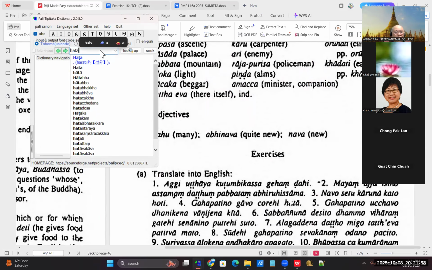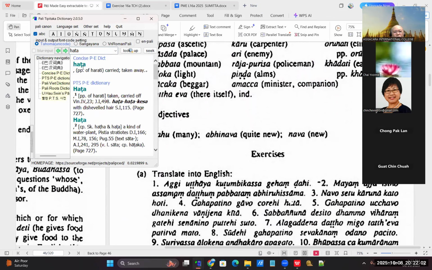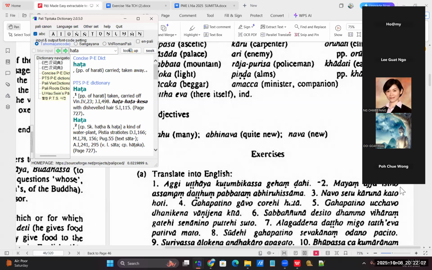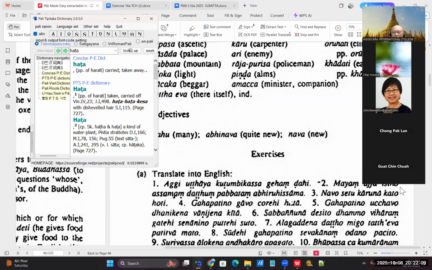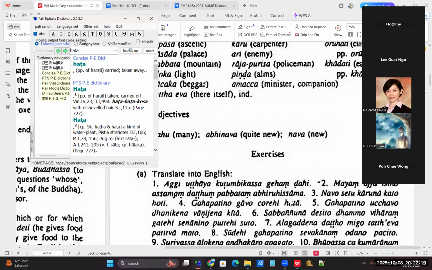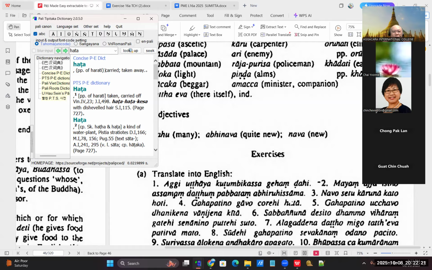Hata with the dot there is different from without the dot. So with the dot, why do you get the dot? Because due to the R. Without the R, it's not this meaning. It's not carried away by the thieves.